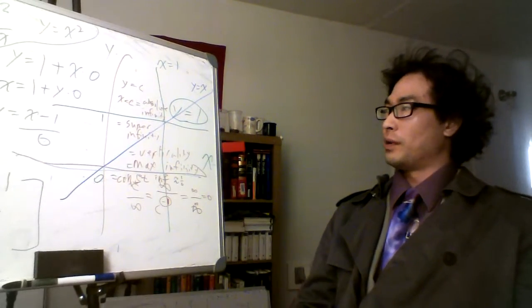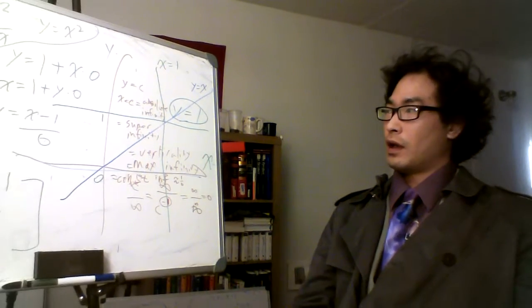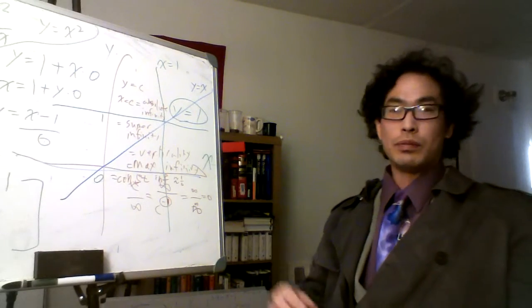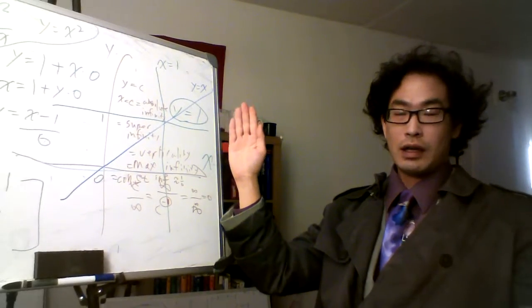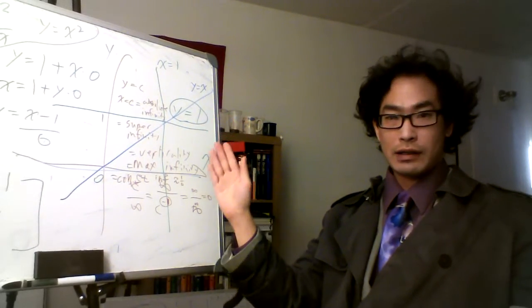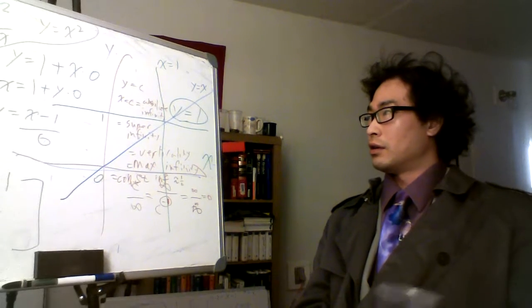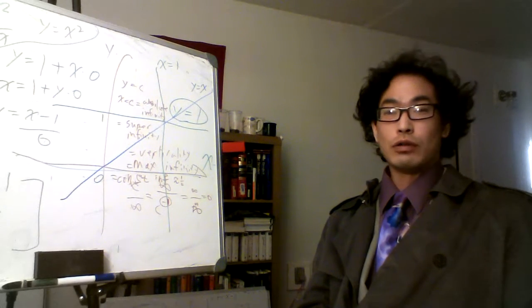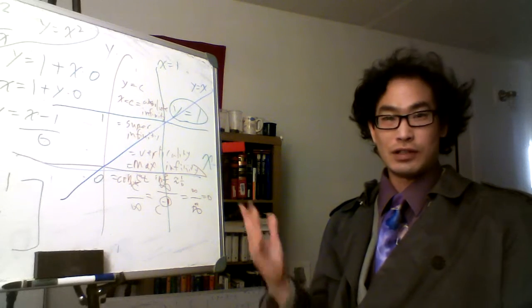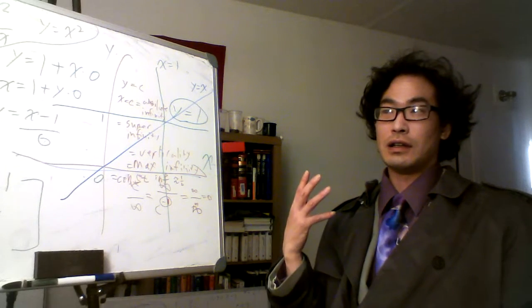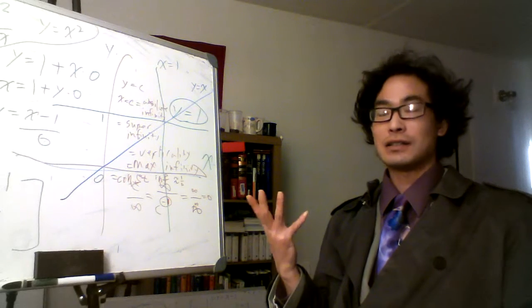The slope is number one, right? Horizontal line is slope zero. How about this vertical line? The slope of the vertical line is the absolute infinity.